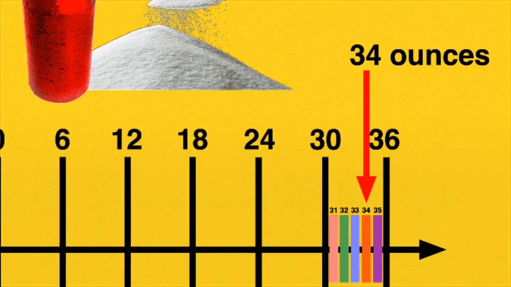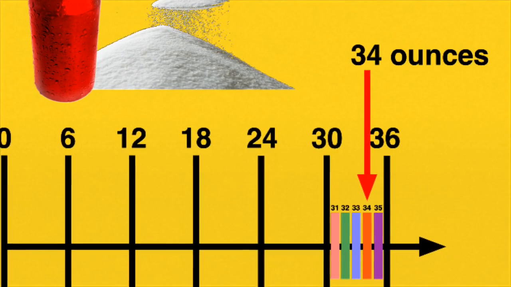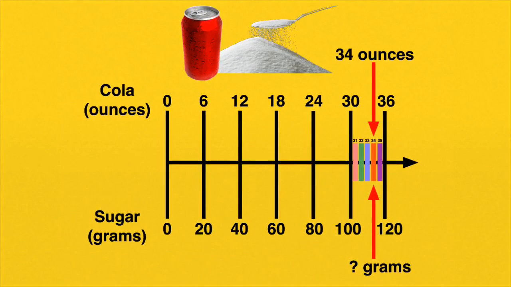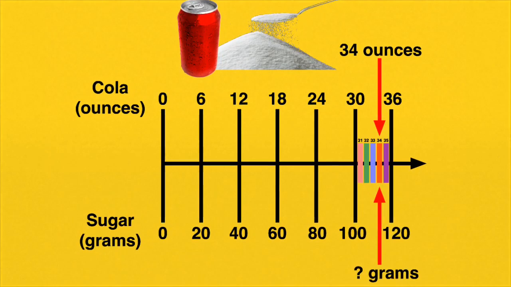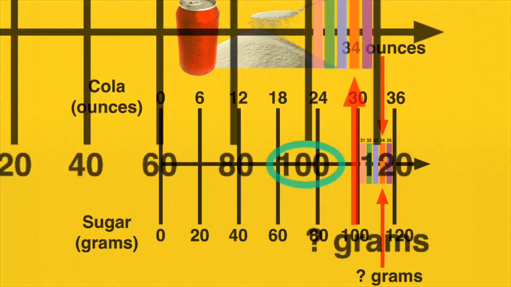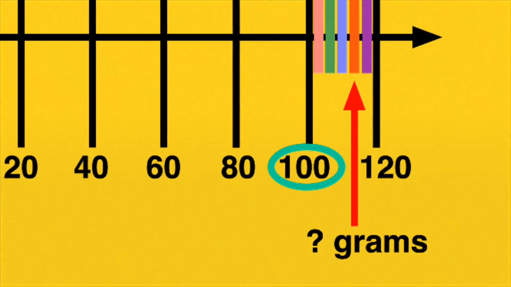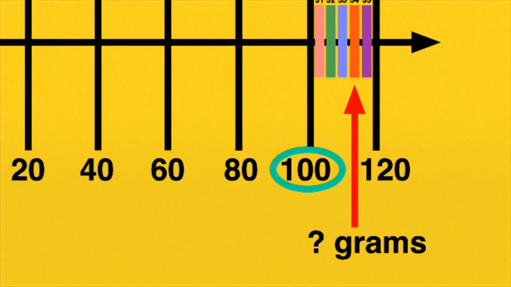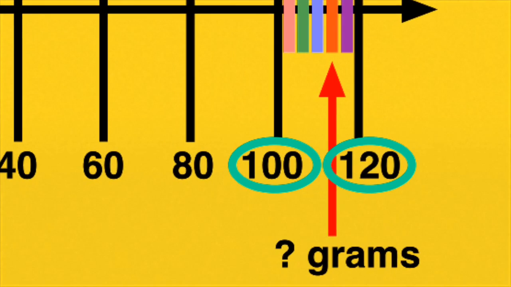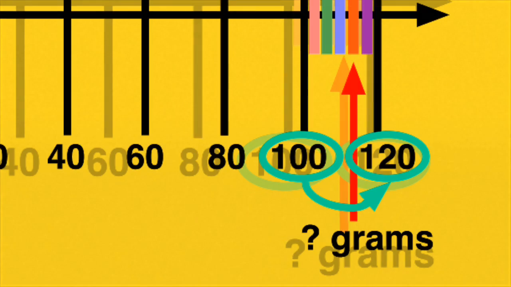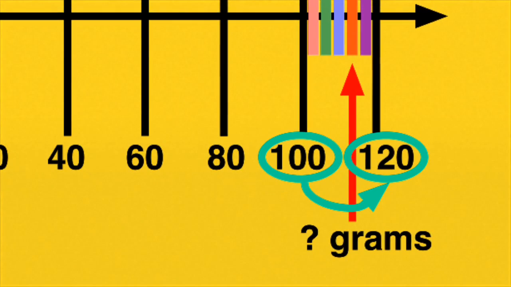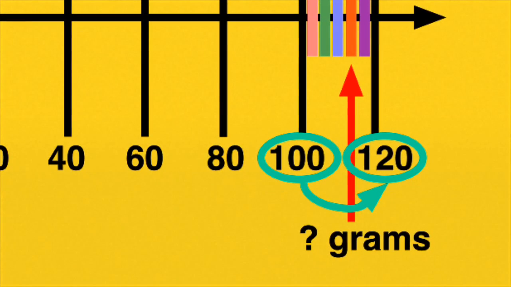Now, we still don't know how many grams of sugar, but let's work with what we have. We know that the grams of sugar is going to be right there as well. It's just that we don't know exactly what that number is yet. But we do know that the value from 100 on the left to 120 on the right is a certain exact amount. What I mean to say is we know what this gap is from 100 to 120.